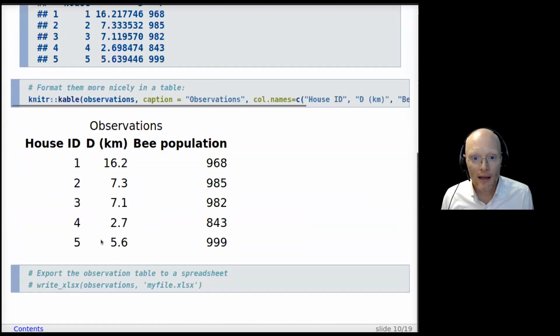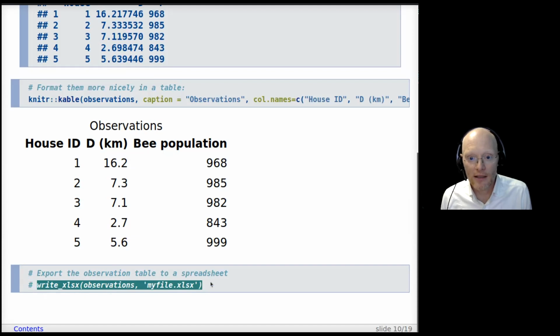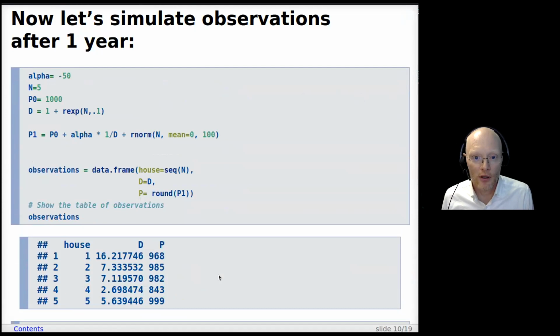There are many different ways to do that, but here's one, it looks a bit obscure, but you'll find easier ones. Or maybe I want to export that nice table to Excel format, and so this just writes this table called observations to a file, myfile.xlsx, which I can load into a spreadsheet. Okay, that was all just an aside, really, showing you some output manipulation in R.